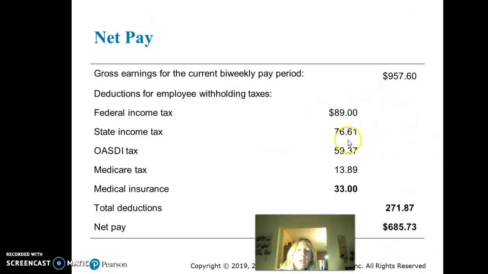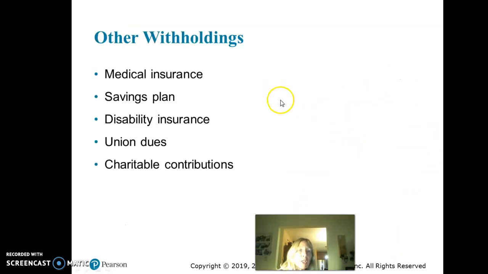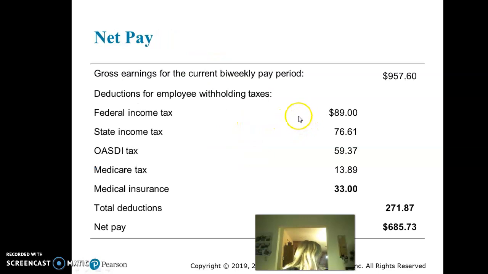Okay, so here's an example of calculations of gross earnings. Oh, there's some other withholdings. These are always going to be given to you. So here's your gross earnings. Federal income tax is done from your W-4. State income tax is going to be a percentage that's going to be given to you.